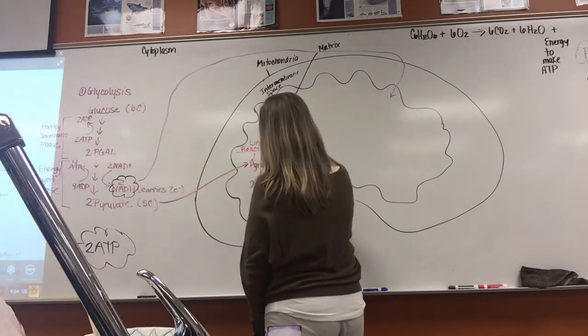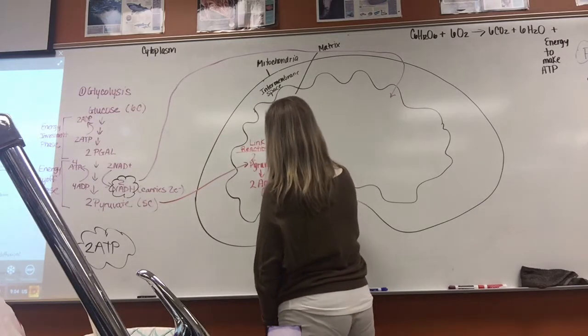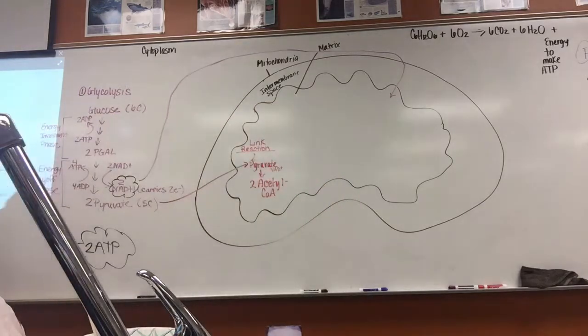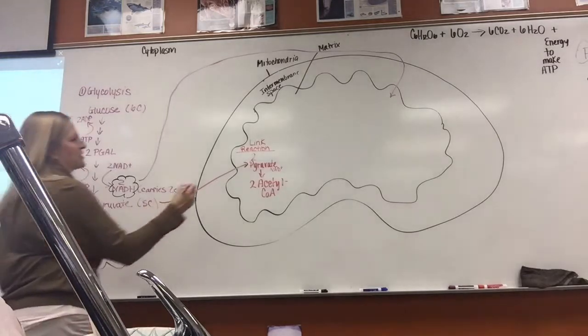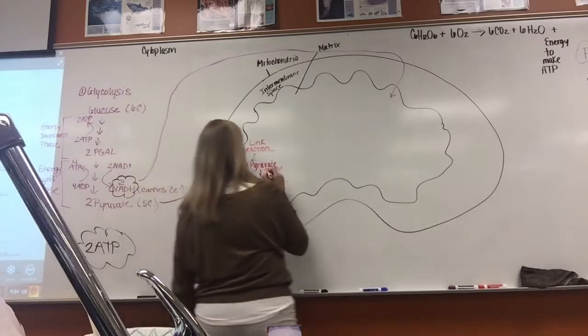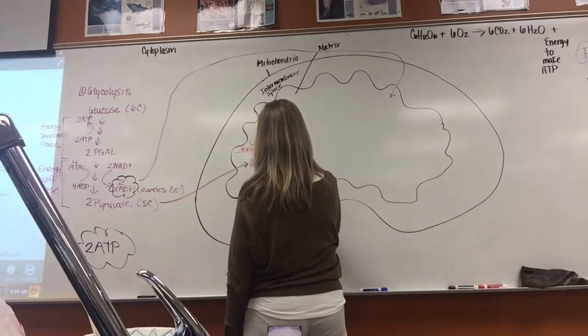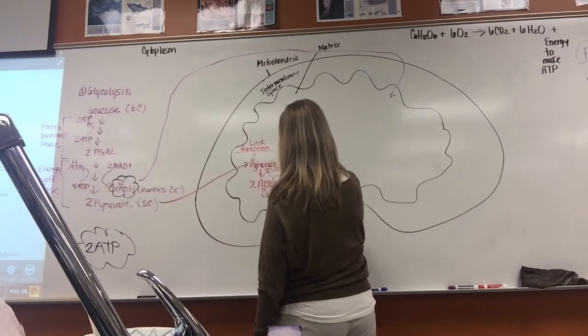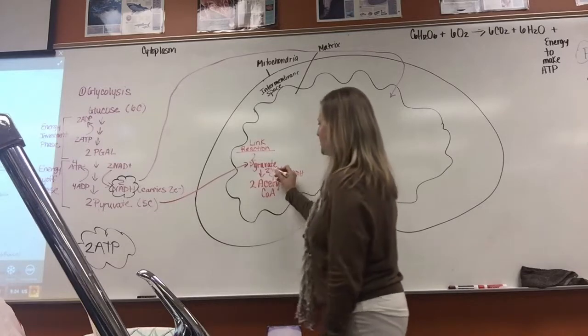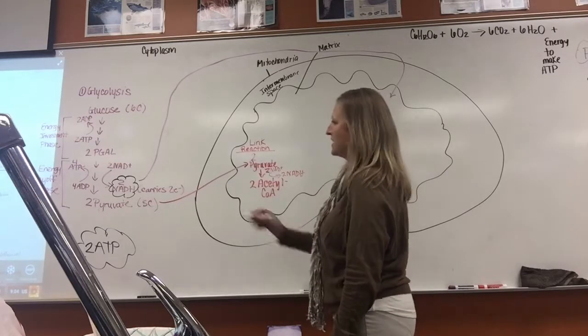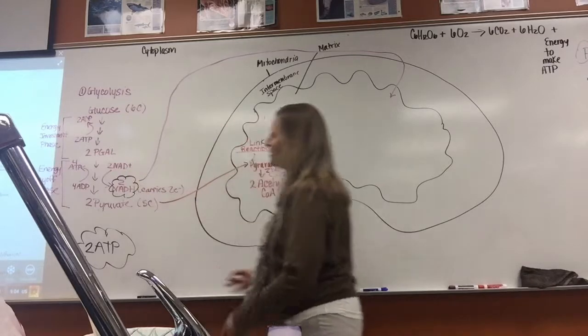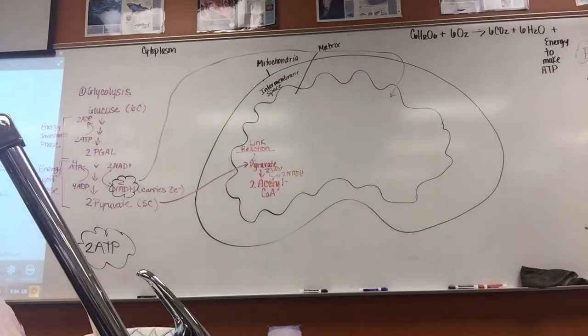All right. So in this reaction here, NAD+ comes in, and since there are 2 pyruvates coming in and 2 acetyl-CoAs, this happens twice too. So I'm going to put a 2 in front of NAD+ and it gets converted to 2 NADH, kind of just like we did here with glycolysis.